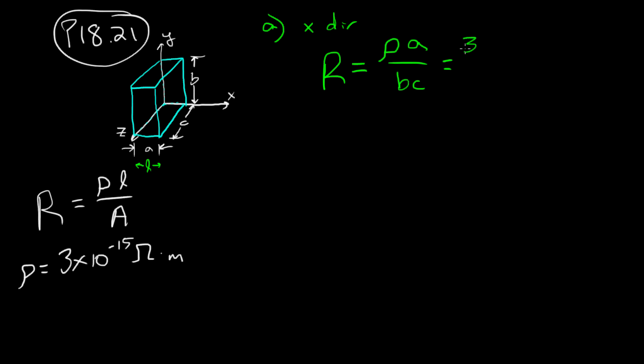All right, let's plug in some numbers. 3 times 10 to the minus 15 ohm meters. Need to multiply by the length, which is 1 centimeter. That's 1 times 10 to the minus 2 meters. And then divide by B and C. So B from the problem is 2 centimeters, 2 times 10 to the minus 2 meters.